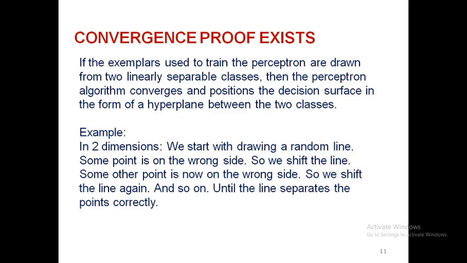Shifting means we are adjusting the weights so that the line slowly shifts to linearly separate the points and gives the hyperplane between the two classes. Until the line separates the points correctly, the program will keep running and will not converge. Once it is separable, it will converge.